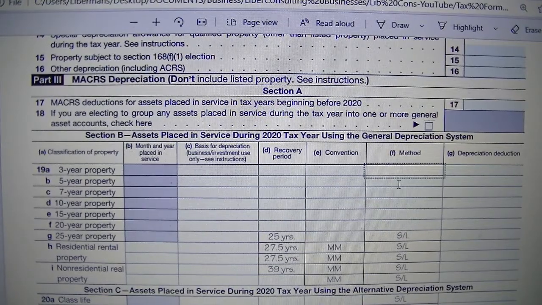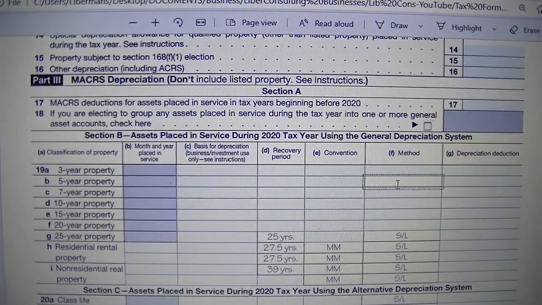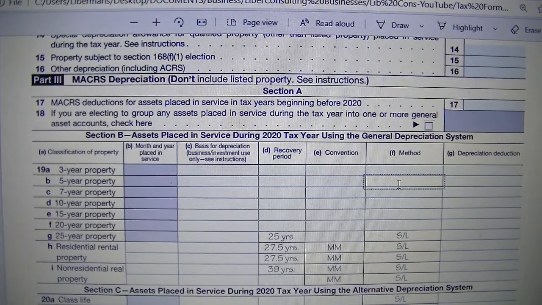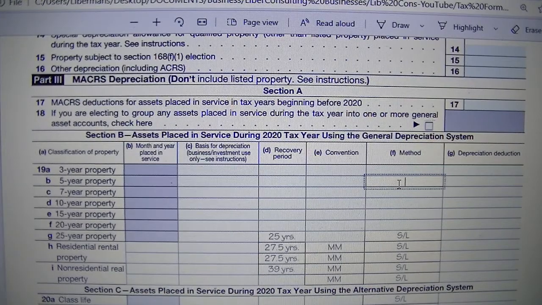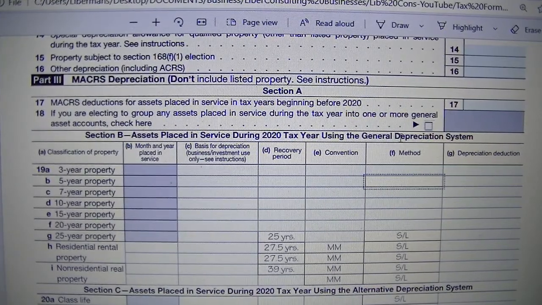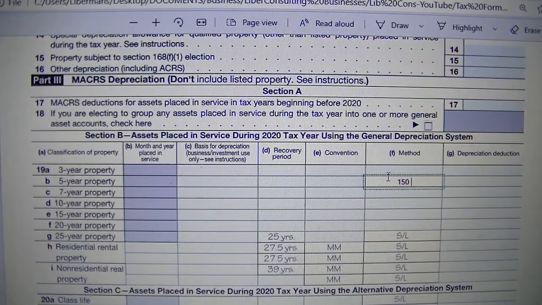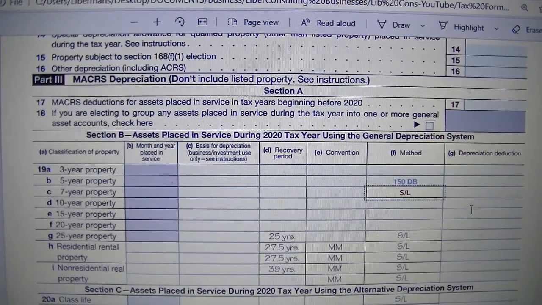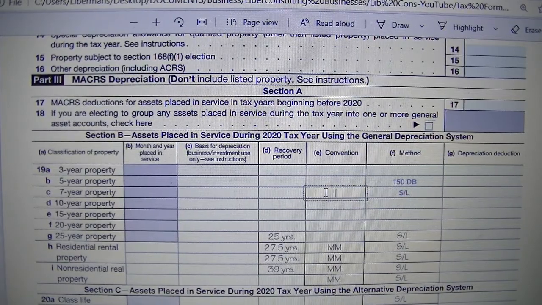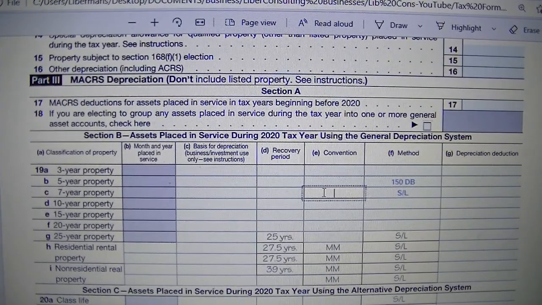And when you are using, let's say, 150% declining balance under GDS, which is General Depreciation System, you will put 150 DB. If you are using straight line, you'll put straight line. Convention is either, I'm just giving an example.